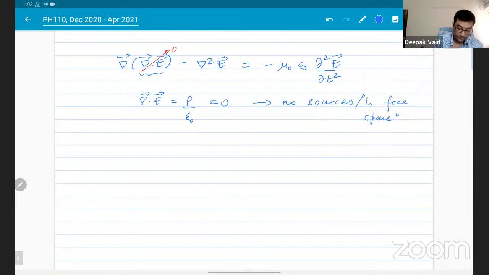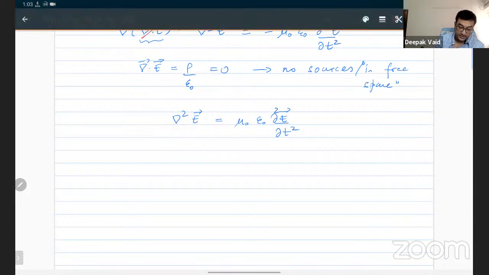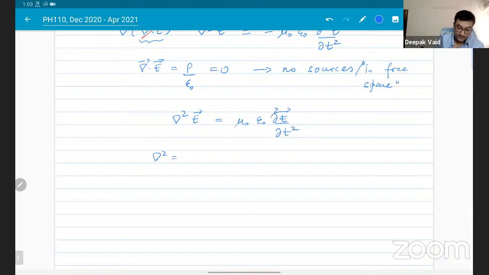So I'm left with this equation, which is del square E is equal to mu naught epsilon naught d squared E by dt squared. What is del square? Del square is del dot del. And what is del?